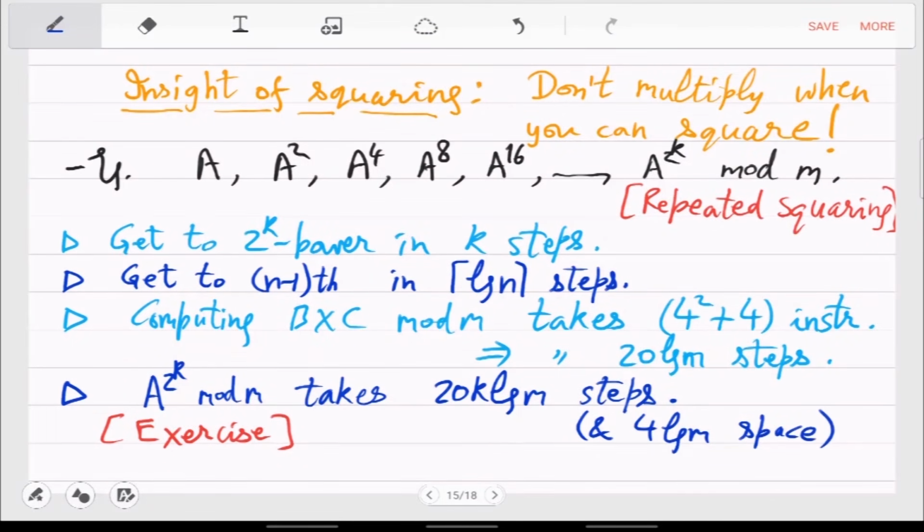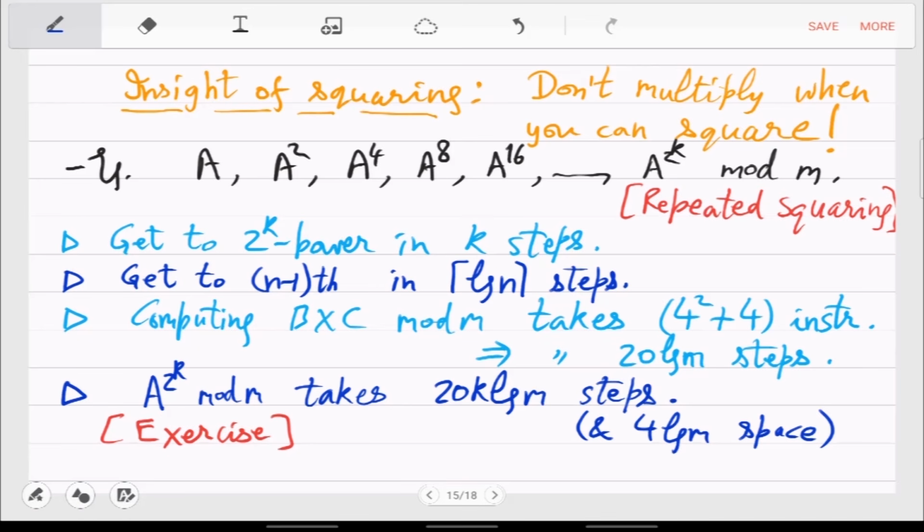If m is 2024, then log m is around 11. So 44 bits are all you need to store. Plus there will be some overhead of your device, but removing that overhead, your requirement is only 44 or 50 bits. Every space can be reused.